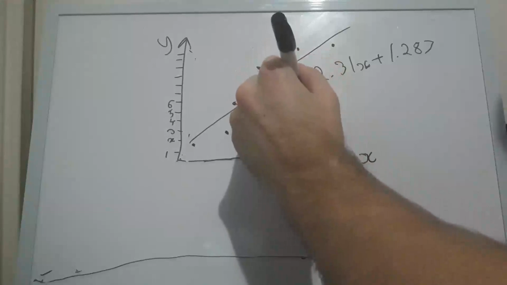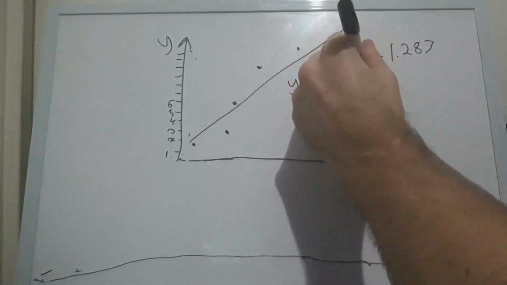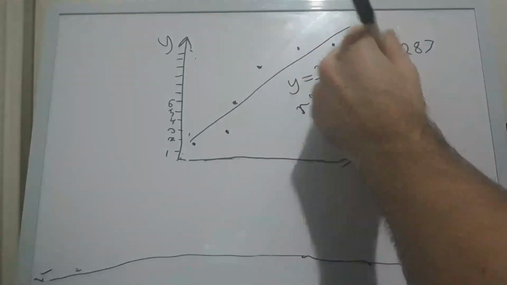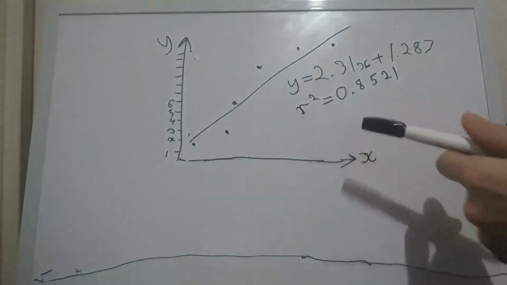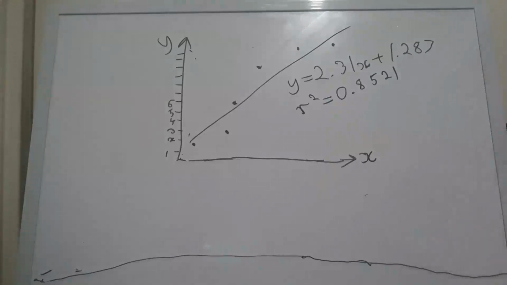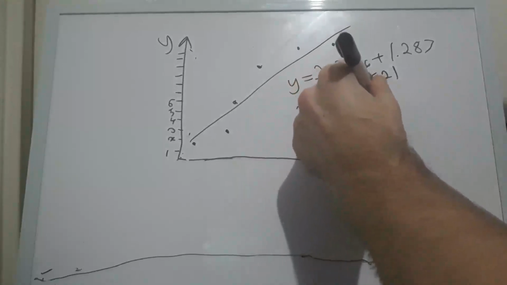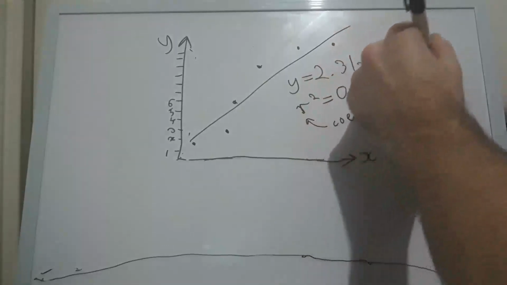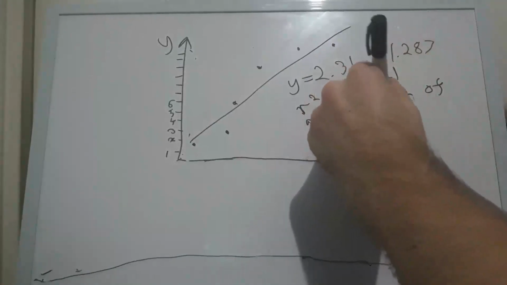But you can also get this little thing called r squared, and here it might equal, let's say, 0.8521. I made that number up. But what this r squared thing is, and this is not your correlation coefficient, okay. R squared is actually your coefficient of determination.